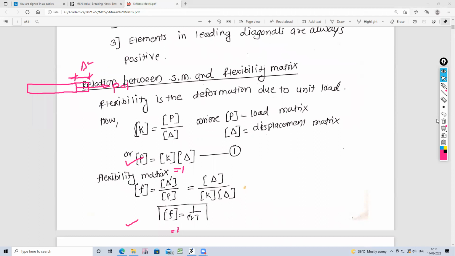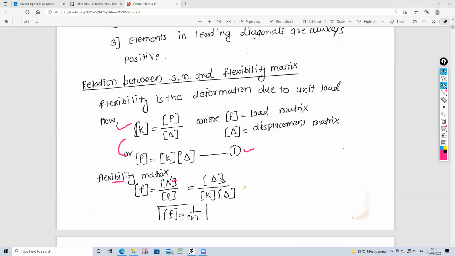Then what is the relation between the stiffness matrix and the flexibility matrix? That we'll see. From the definition of stiffness, the stiffness matrix is equal to the load matrix divided by the displacement matrix. From this equation, the load matrix is equal to K matrix into delta matrix. Call this equation number 1. Then the flexibility matrix is equal to the displacement matrix divided by the load matrix.